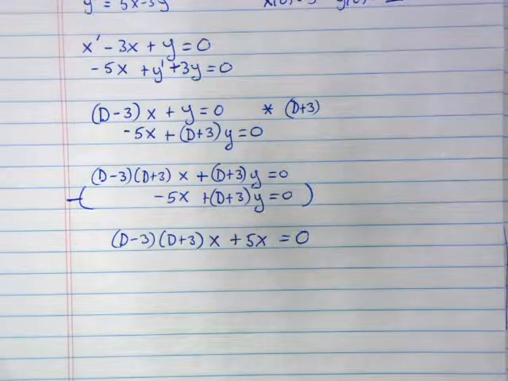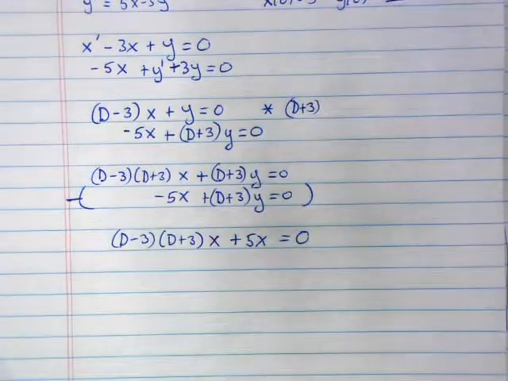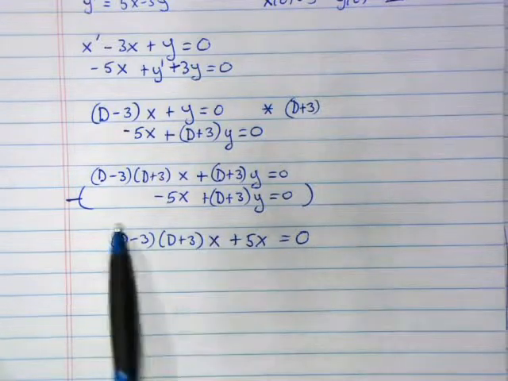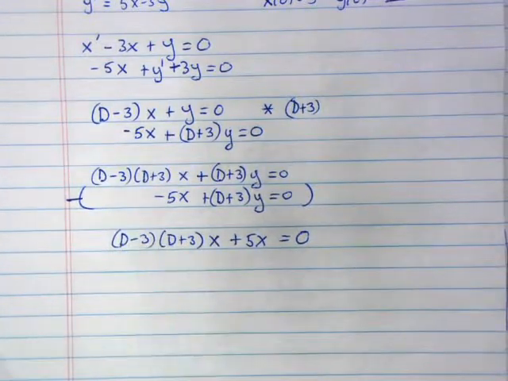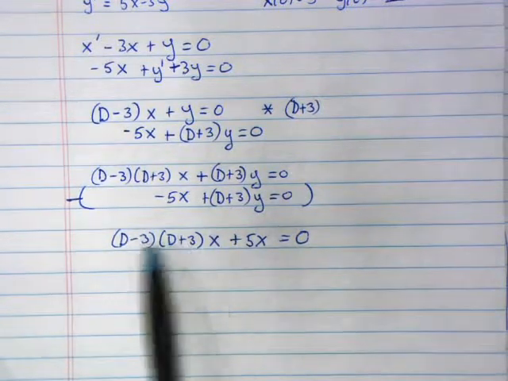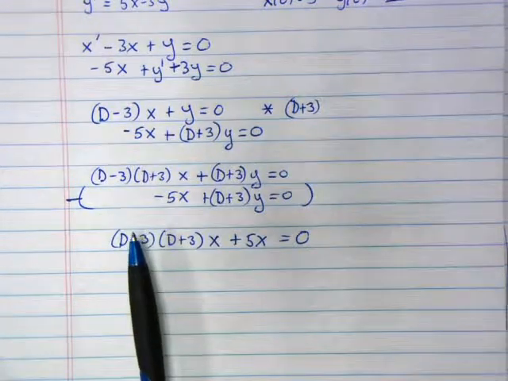Well, it made the y's go away, but now what do we do? What do I get if I distribute d minus 3 times d plus 3? I get d squared. What does d squared stand for? Second derivative. That's a kind of cool thing. This d thing is called a differential operator. And it's cool that you can write the d down and treat these just like regular old polynomials, regular old binomials, and things work out.